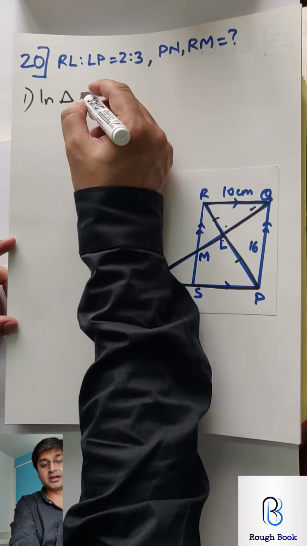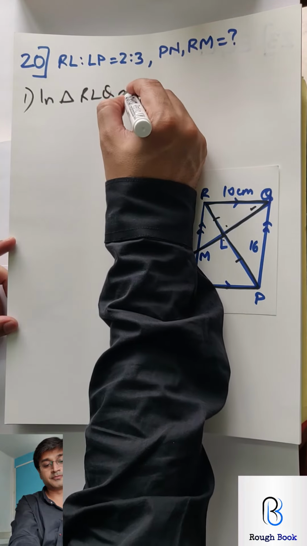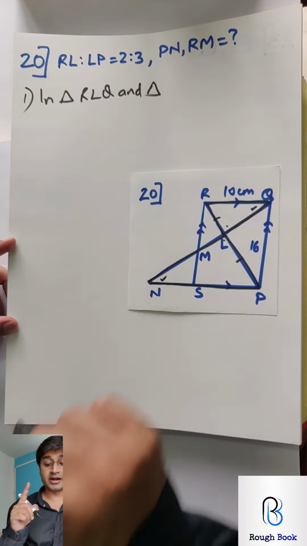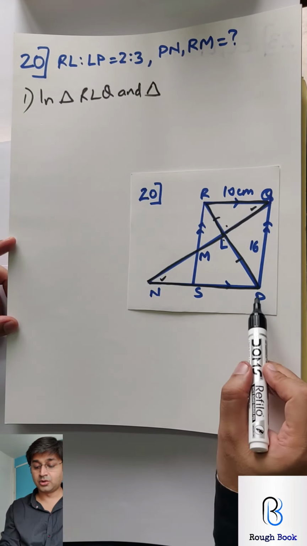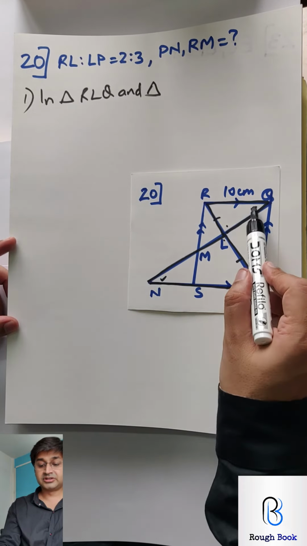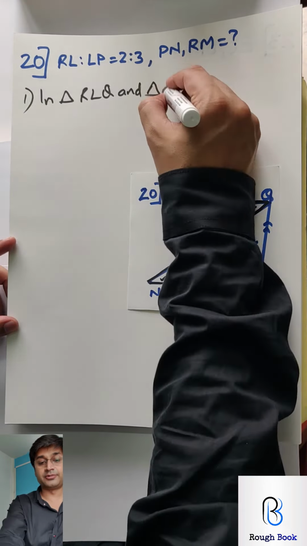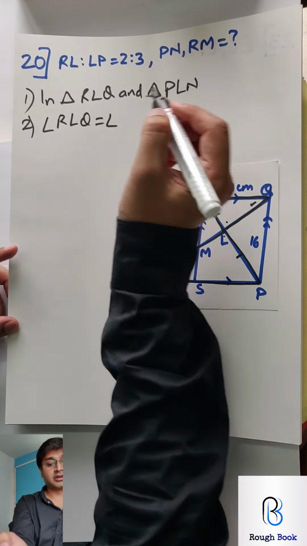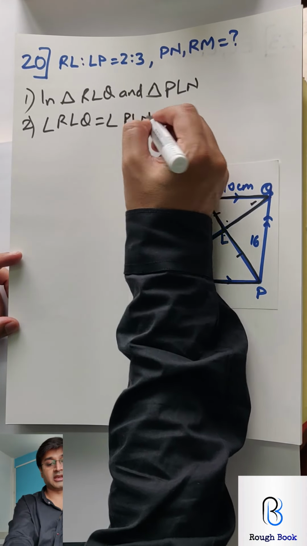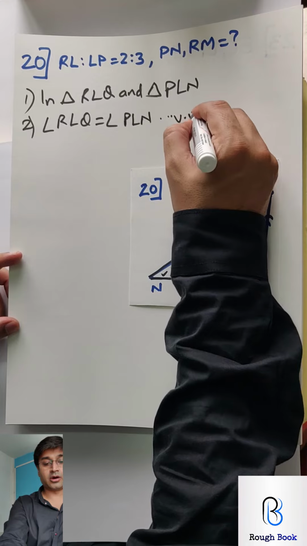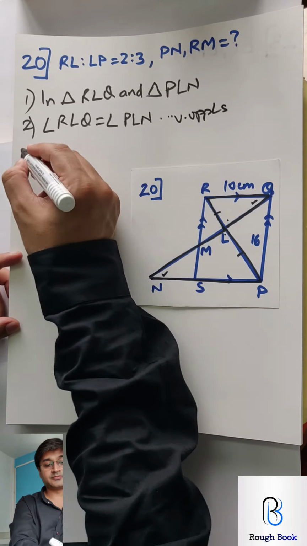So in triangle RLQ and triangle PLN, correct 1-to-1 correspondence, because this should be at the same place, this should be at the same place, P and R on the opposite. Further, angle RLQ equals angle PLN, vertically opposite angles.